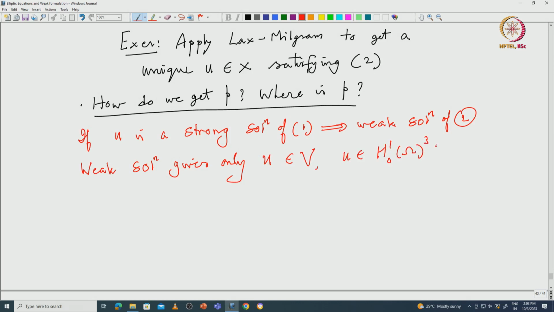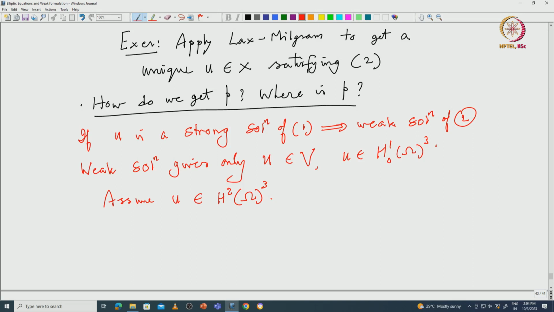So, we want to show that this is also a strong solution together with the pressure P. Okay. So, assume U is in H2, or C2, whatever it is, you assume H2 of omega power 3. We have to find U satisfying 1 with an appropriate pressure P.